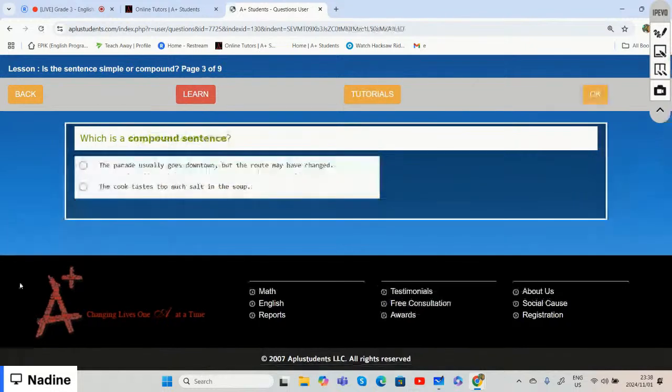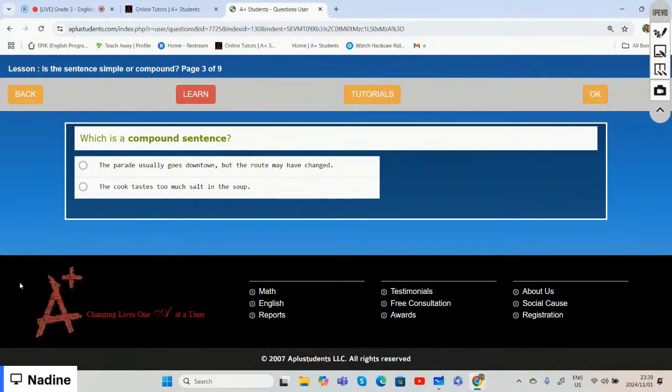We need to say which one is a compound sentence. A compound sentence. It says option one, the parade usually goes downtown, but the route may have changed. Or is it option two, the cook tastes too much salt in the soup?